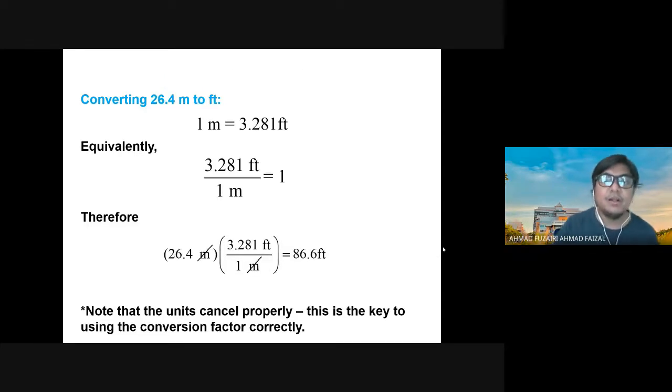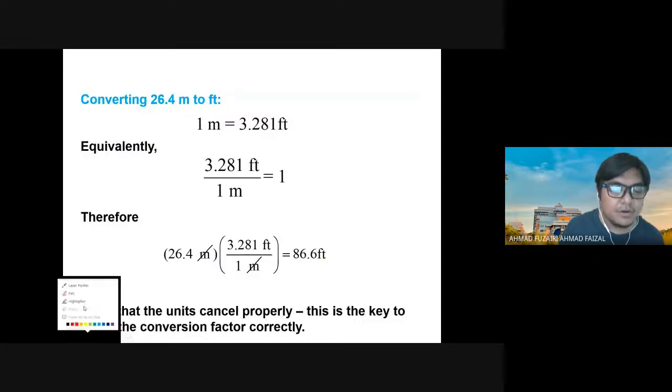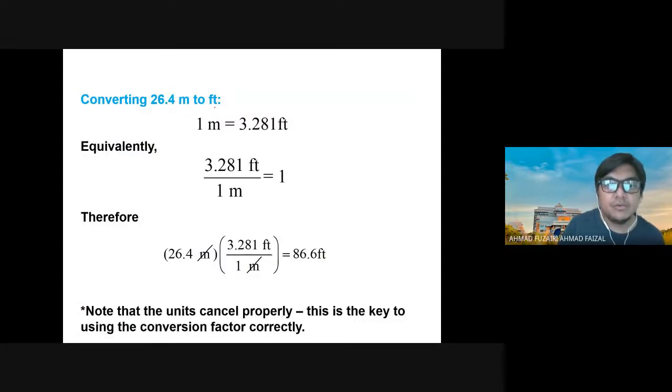For example, converting 26.4 meters to feet. Remember 1 meter is equivalent to 3.28 feet, and 3.28 feet is equivalent to 1 meter. Therefore, 26.4 cancels out with 1 meter, and then you can multiply this down.